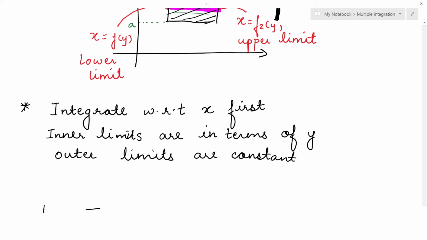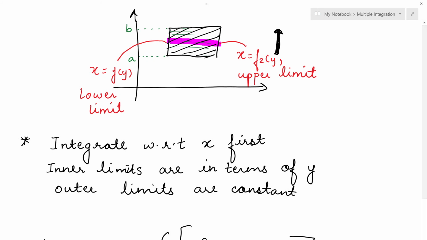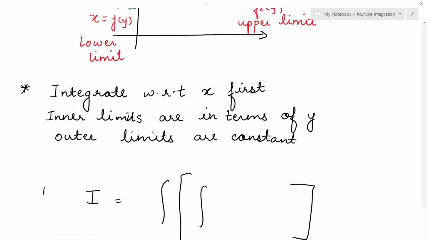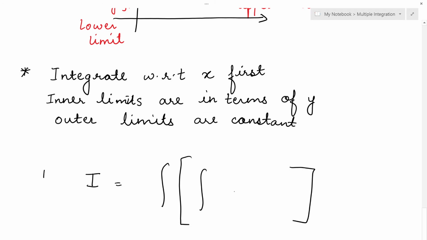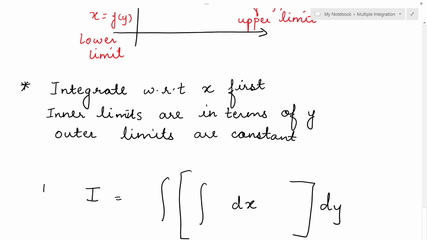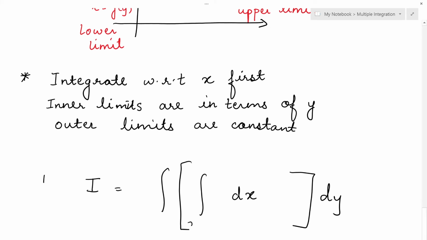Okay, so in short, what you will do whenever you get such integration, you have two integration parts. Make a note, since the strip is horizontal, meaning a sleeping strip, in a sleeping strip always integrate with respect to x first and then with y. This first point is clear. Next, since the strip is horizontal, that is parallel to x-axis, your inner limits will be x is equal to something in terms of y.